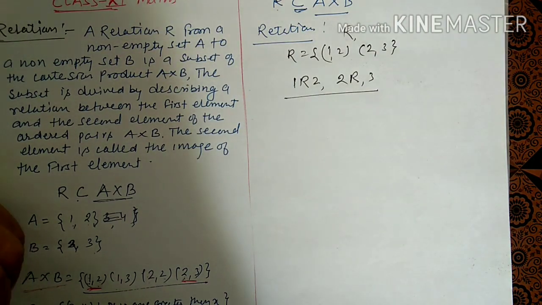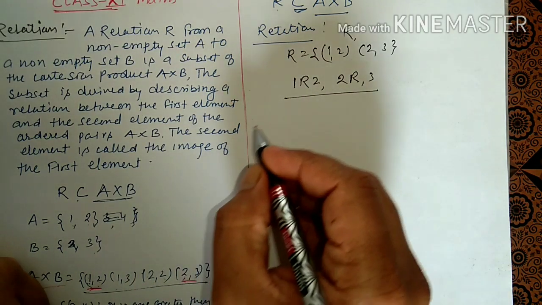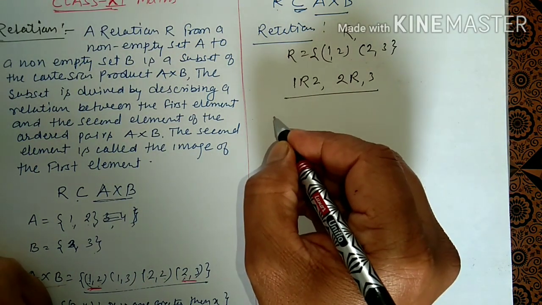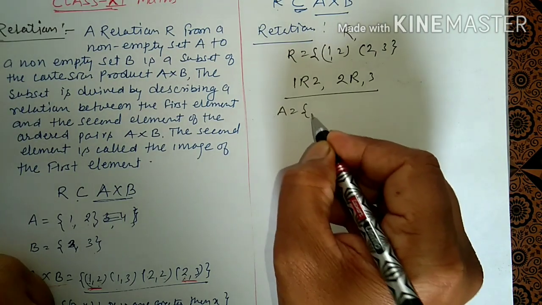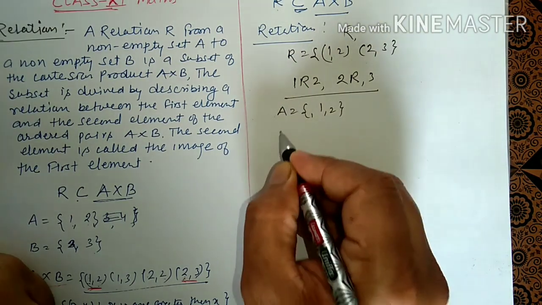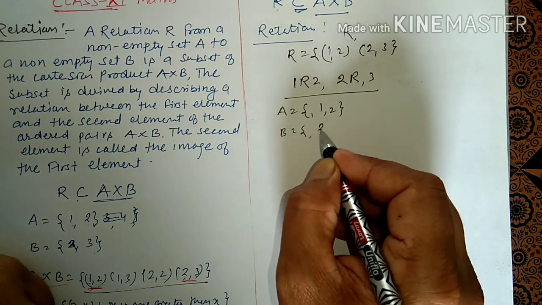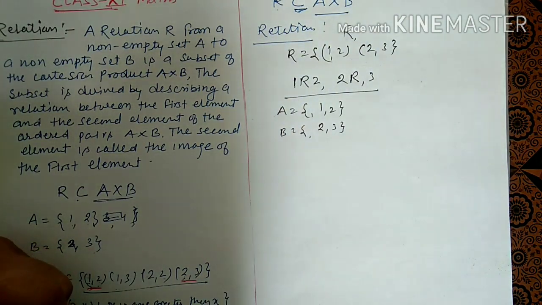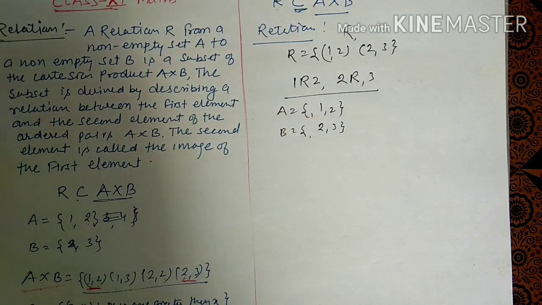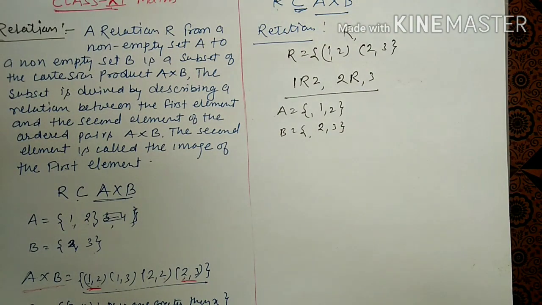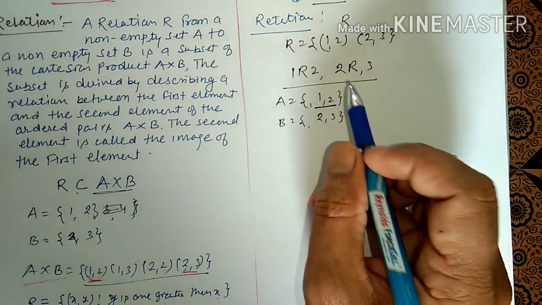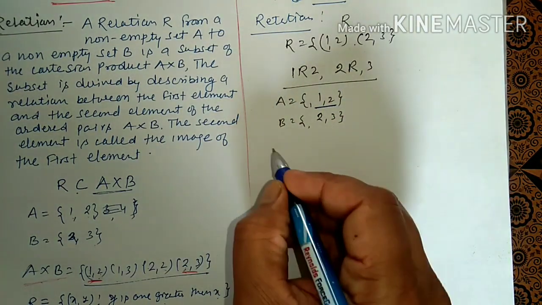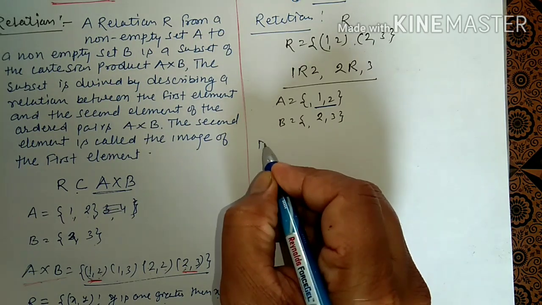Okay, now set A is written as A = {1, 2} and B = {2, 3}. All the elements of set A that we are taking in the relation, the elements which participate in the relation, we call the domain.